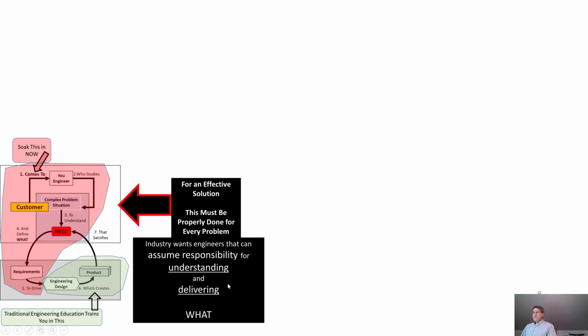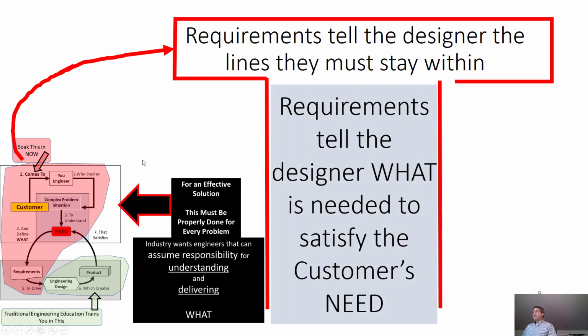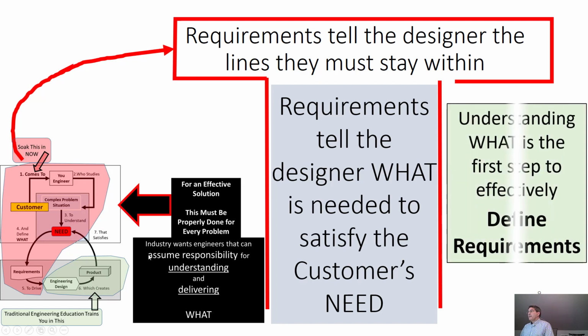Okay, so we saw that industry wants you to be able to do this requirements definition piece. Because you see, requirements tell the designer the lines that they have to stay within. It gives them the bounds. Requirements tell the designer what is needed to satisfy that customer's need. That's why requirements are so important, and learning how to do them is really, really important. And understanding what is the first step to really effectively designing requirements.